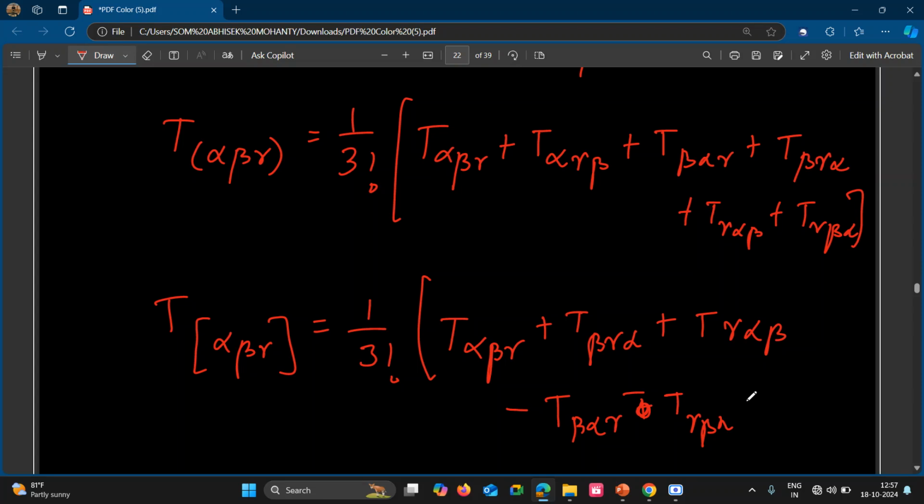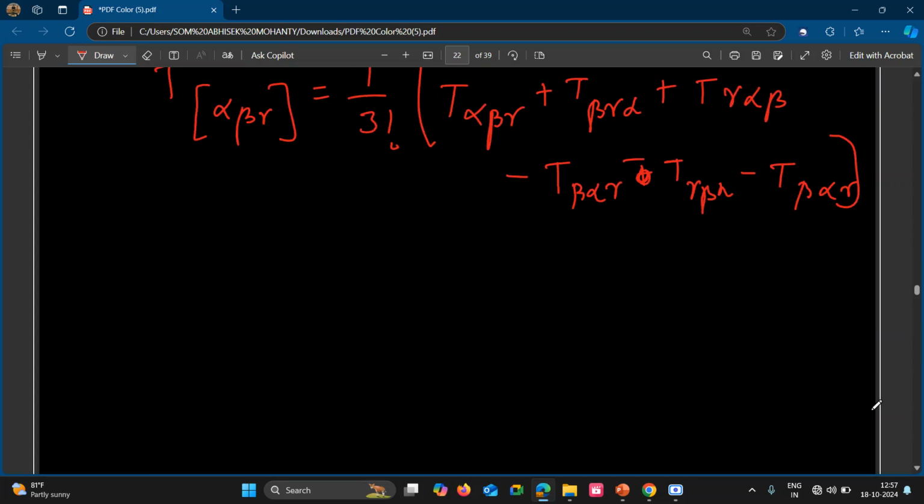Watch it carefully. Sorry, I wrote this one here for this one. I hope you got it. So these are actually completely symmetric and completely antisymmetric.